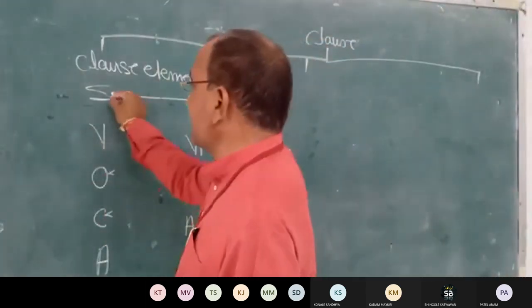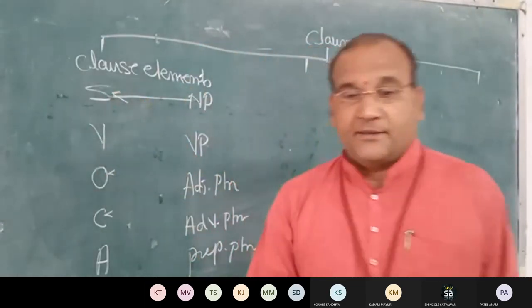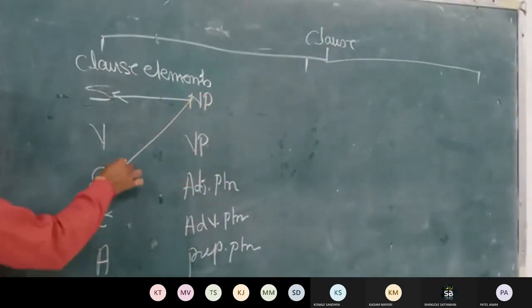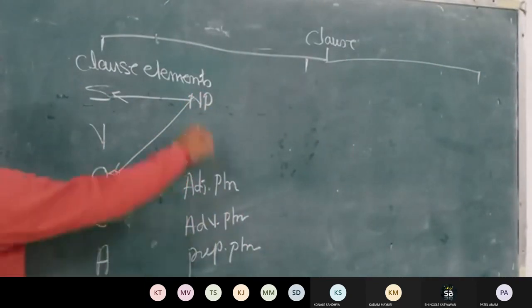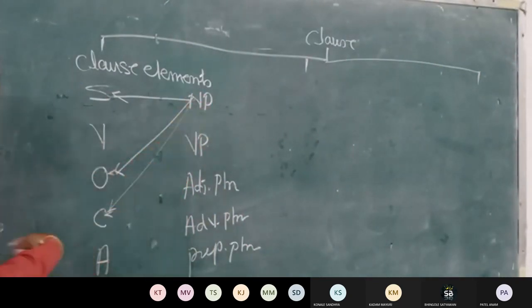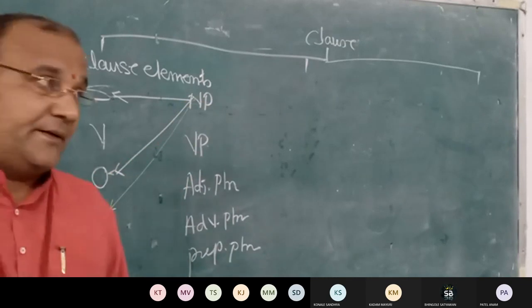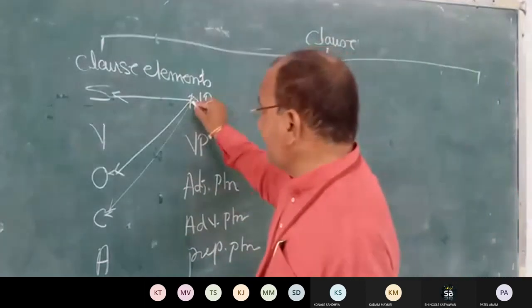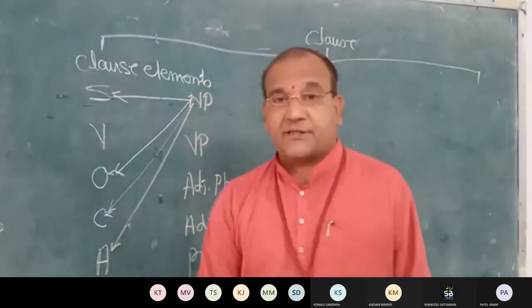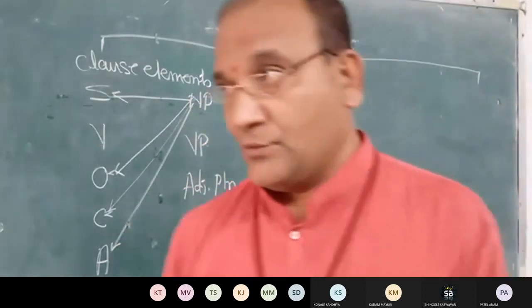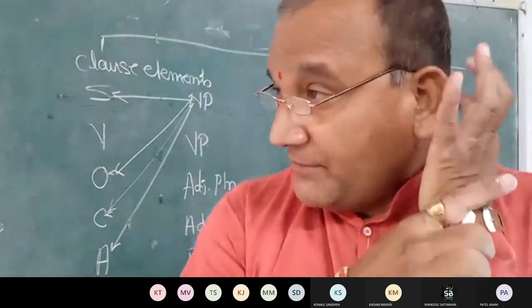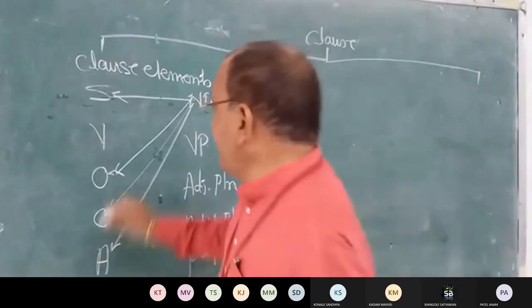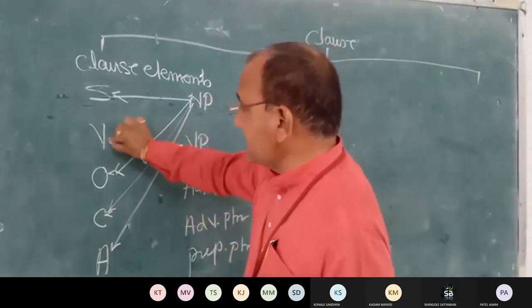NP can function as subject. NP can function as an object, direct or indirect. NP can function as complement, subject complement or object complement, and sometimes NP can function as adjunct or adverbial also. So maximum functions in a clause are performed by NP.